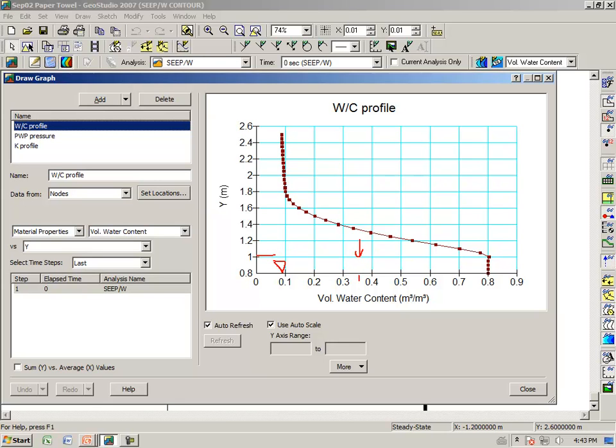This distance is 200 millimeters, and recall that we said that air would begin to enter the paper when we were at a pressure head of about 200 millimeters or 2 kPa. And that is exactly what you see here. Now the water content is beginning to diminish, and finally we reach a point where the paper is very, very dry. So the SEEP computed water content profile is a direct reflection of the specified volumetric water content.